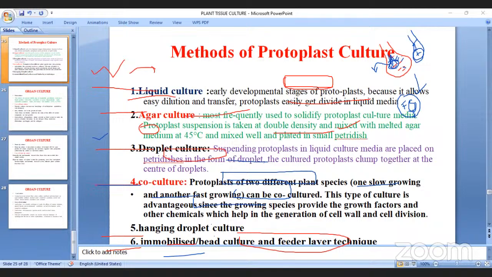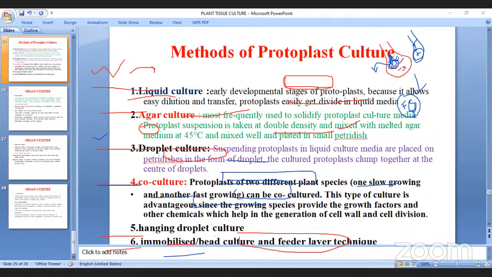Then a feeder layer consisting of X-irradiated, non-dividing but living protoplast is plated on an agar medium, and over this layer, the isolated protoplast are placed in a thin layer of liquid medium. That means simply, this feeder layer is placed on the agar medium, and also we can place it on liquid medium as a thin layer.